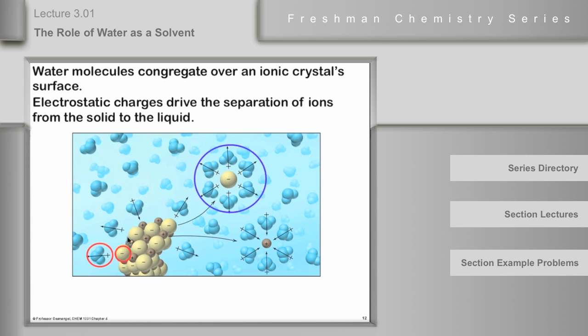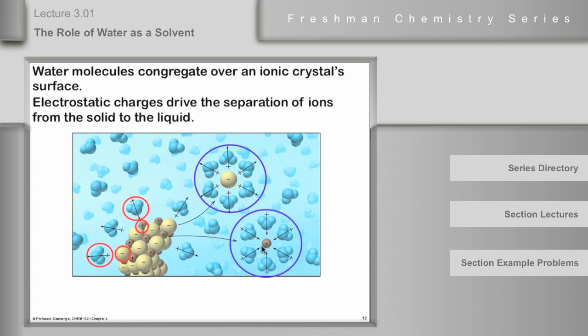And then if you see, the negative ion will then be out here in solution with a whole bunch of water molecules all around it. Okay, they've taken it hostage, I guess you might say. This is the aquation process, AQ. This is what AQ means, and it's done in 3 dimensions. On the other hand, a positive ion is subject to attraction to the negative end of the water molecule, and as more and more water molecules crowd around, you will eventually get the positive ion ripped off and taken into solution and aquated.